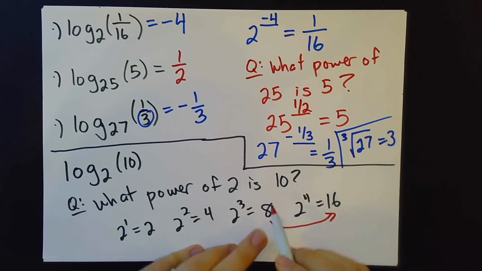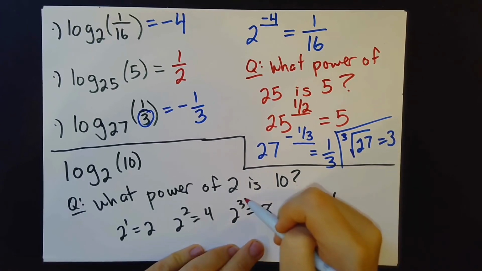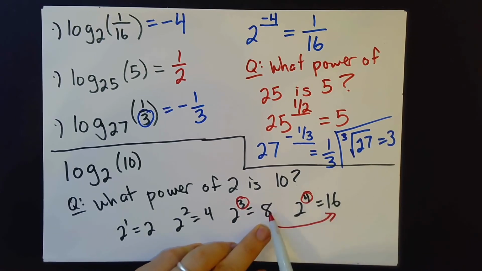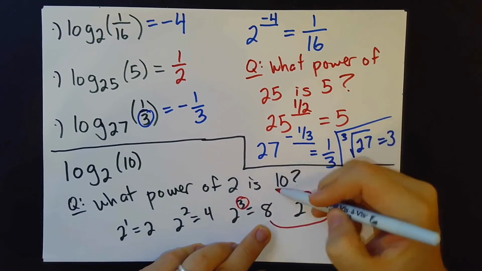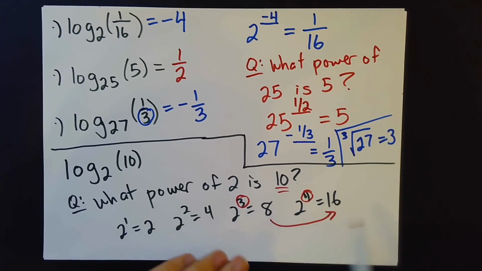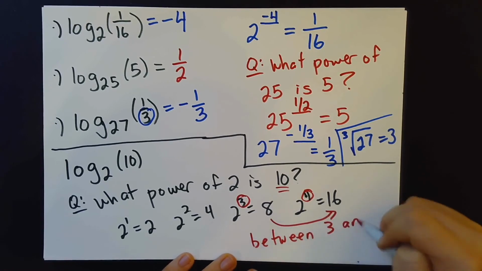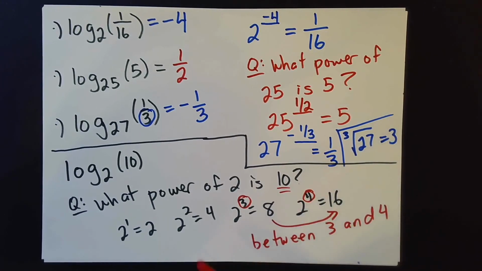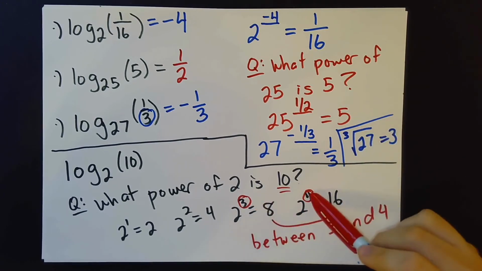As we went from 8 to 16, or as we went from 2 cubed to 2 to the fourth, we went from 8 to 16, passing 10. And so what that means is, I've just shown you actually this logarithm is some number between 3 and 4. So the power I have to raise 2 to in order to get 10 is somewhere between 3 and 4.